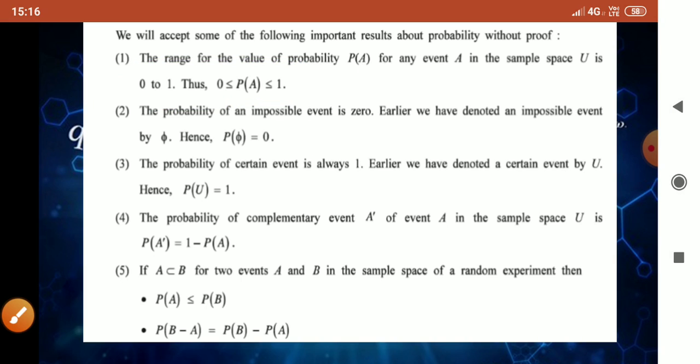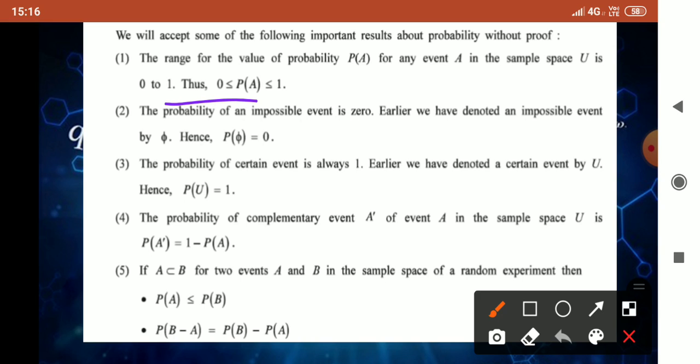It may come 0, but it may not be less than 0, because negative probability is not there, and probability cannot be greater than 1. So the maximum value of probability will be 1. So the range is 0 less than or equal to P of A less than or equal to 1, which is very important. You have to learn this.